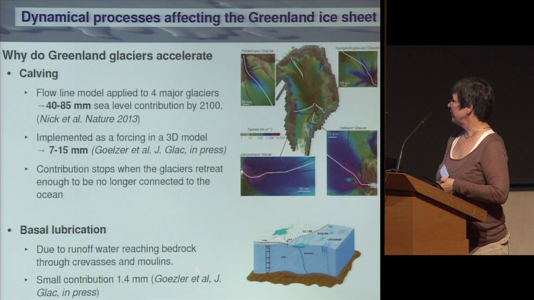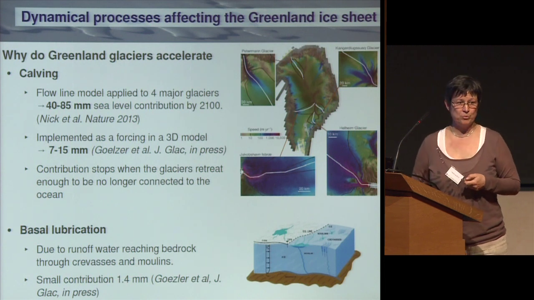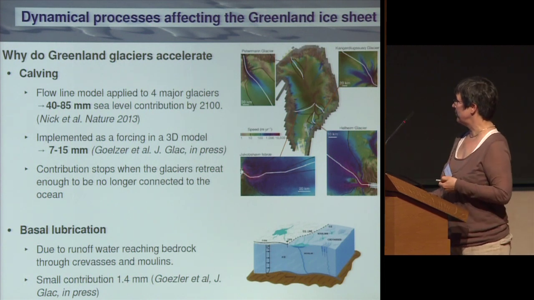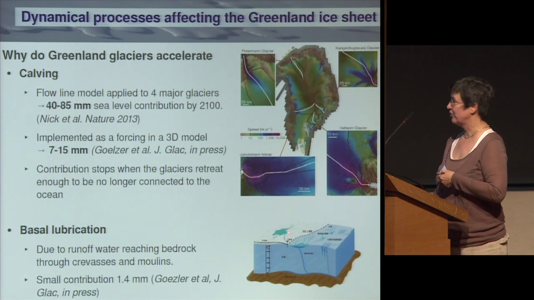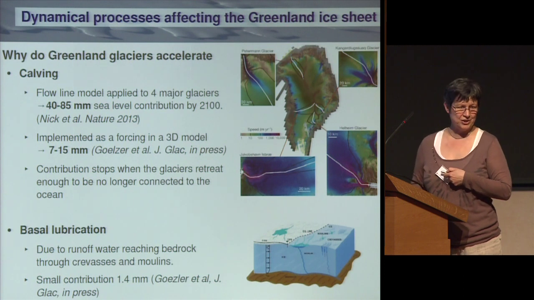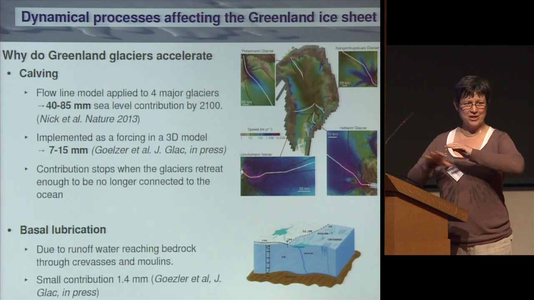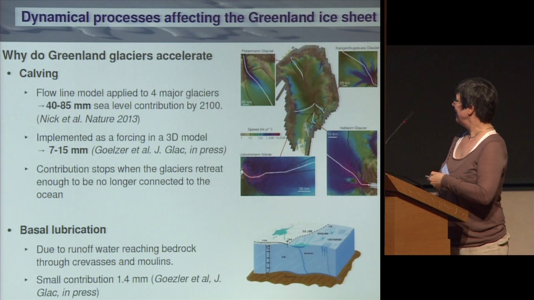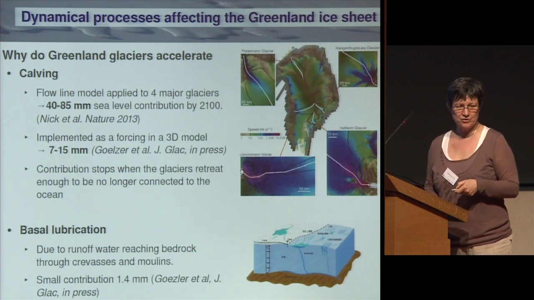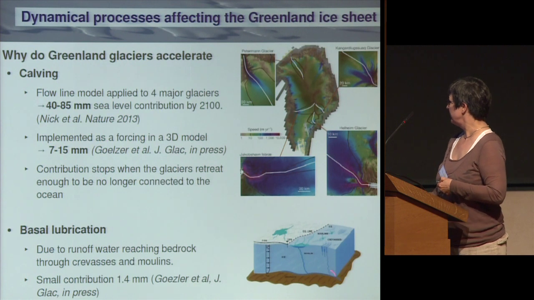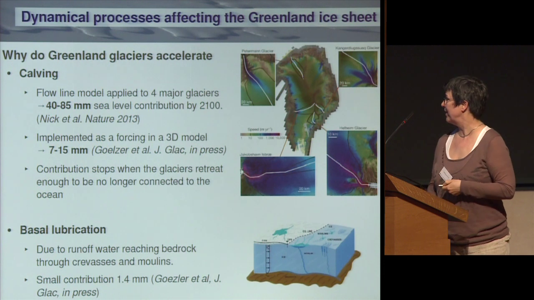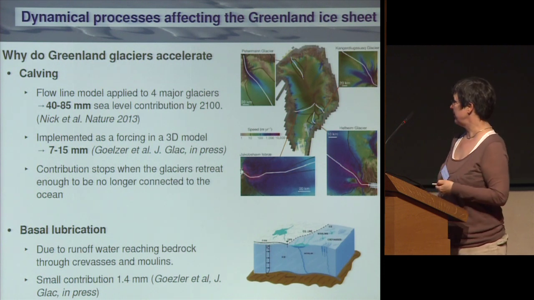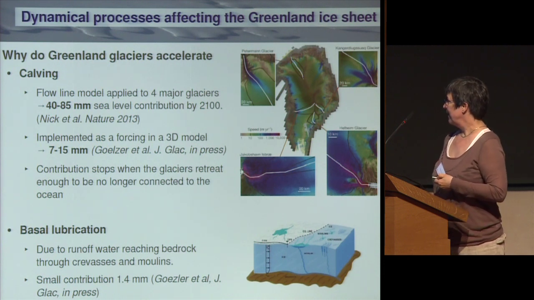A second process that is related to dynamical process is the basal lubrication. The story is that in summer you have water at the surface of the ice sheet. The Greenland ice sheet is covered with small lakes, and this water can percolate in crevasses or moulins and reach the bottom, where it can enhance the sliding by lubricating the interface between ice and bedrock.